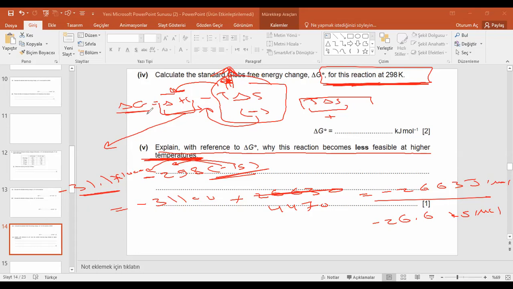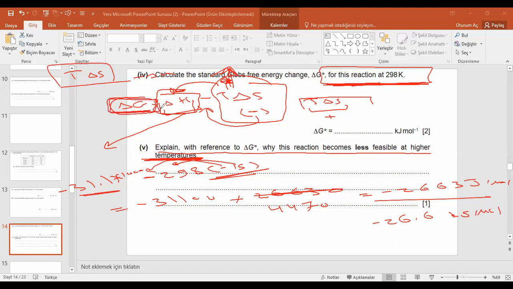So to answer this question, we can say that at higher temperature, the T delta S part will be more positive, and it will overcome the negative delta H. So delta G will be positive, and the process is non-spontaneous.